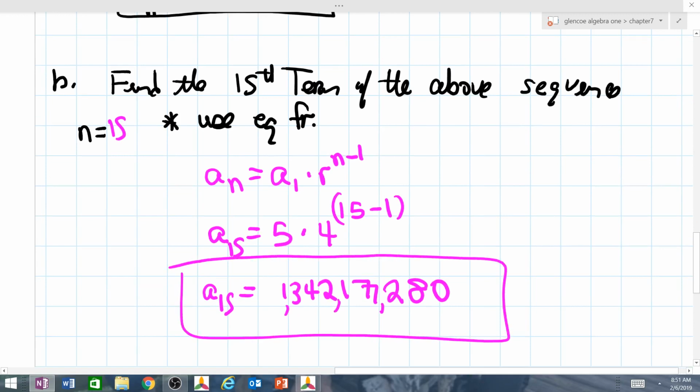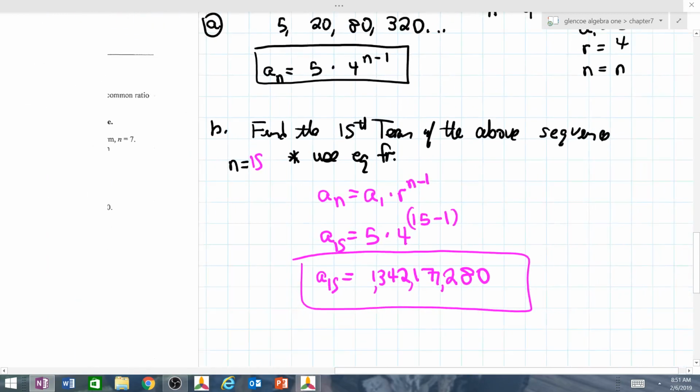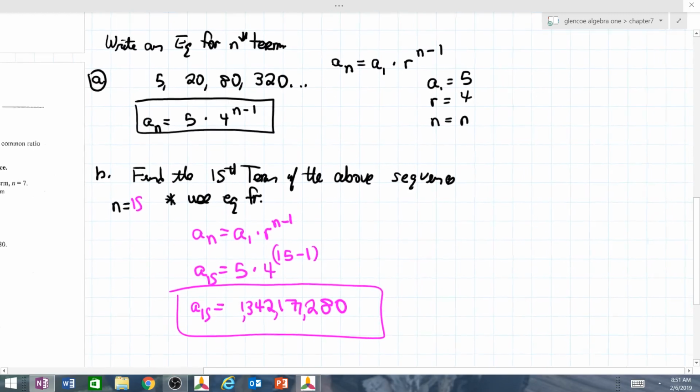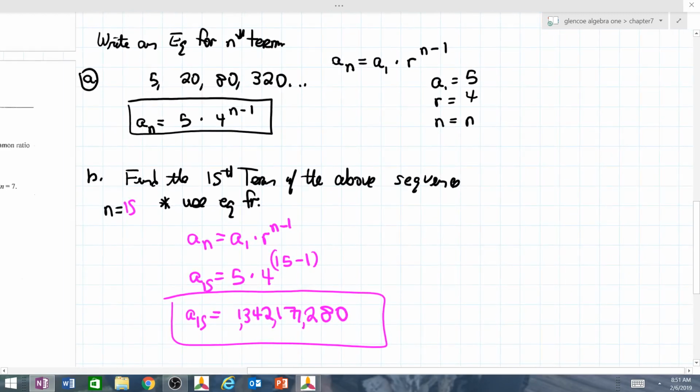So, one more time. Since you stepped out of the room for a minute, let me just review. To write an equation for the nth term of a given sequence, we are using the equation: the nth term, a subscript n, is equal to a subscript 1, the first term, times r, the common ratio, to the power of n minus 1.